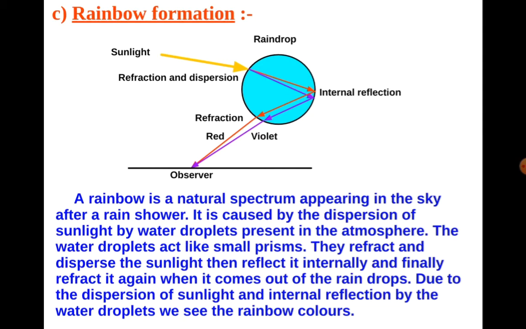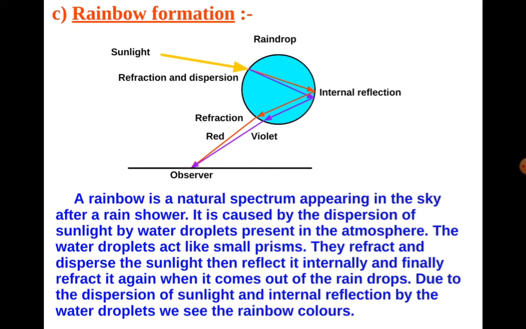So here we have taken one water droplet, and we are going to see how it acts as a prism. They refract and disperse the sunlight, then they reflect it internally and finally refract it again when it comes out of the raindrops. Due to the dispersion of sunlight and internal reflection by the water droplet, we see the rainbow colors.